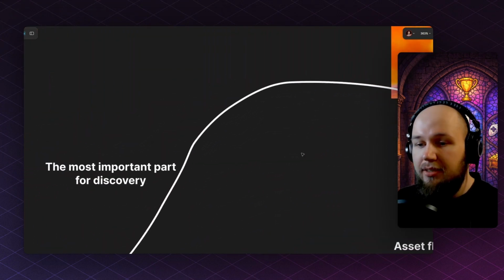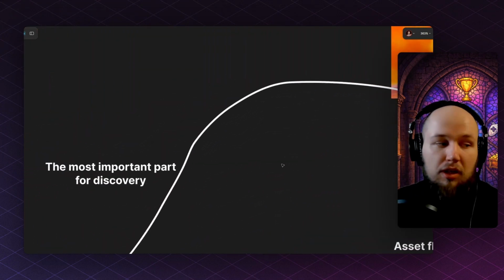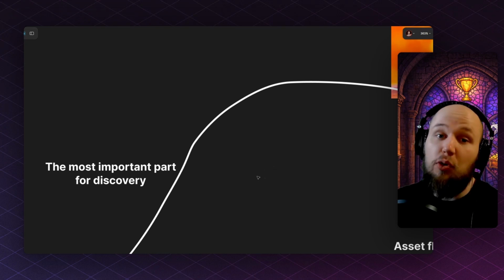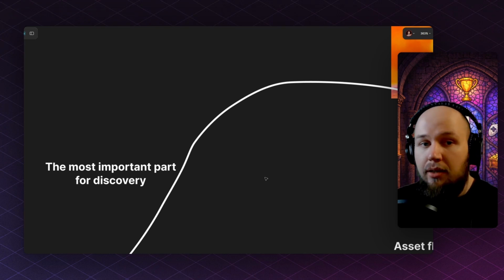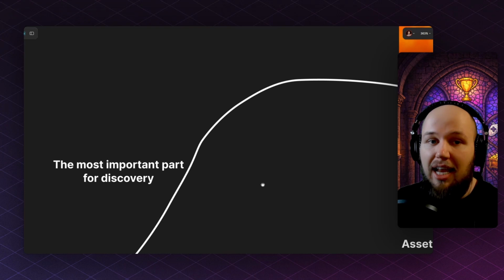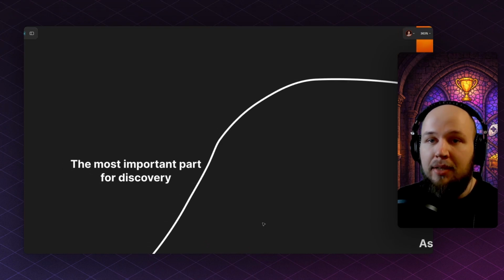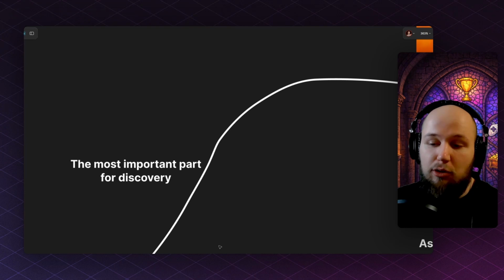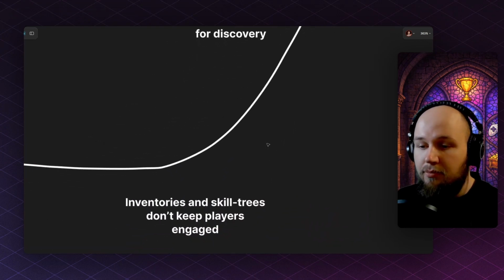This one is most important for when someone is looking at your Steam page, they're looking at your trailers, or when they're actually playing your game. This one is the most important for making sure that your game lands and is fun to play and actually delivers on why the players would want to play it in the first place.